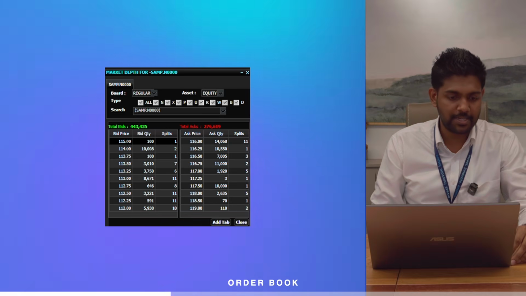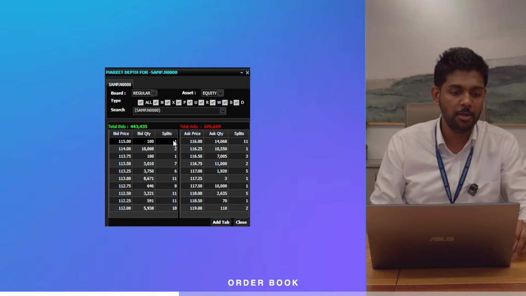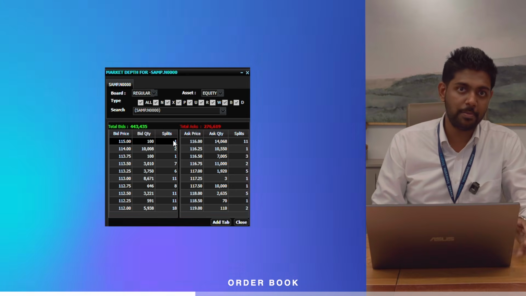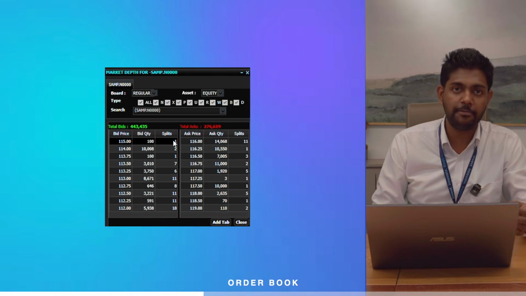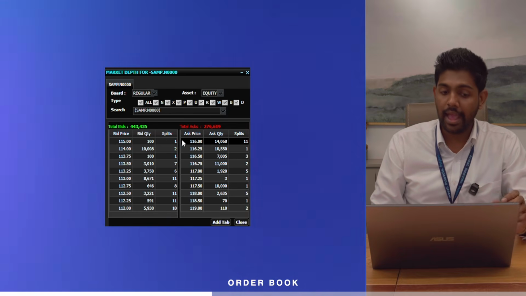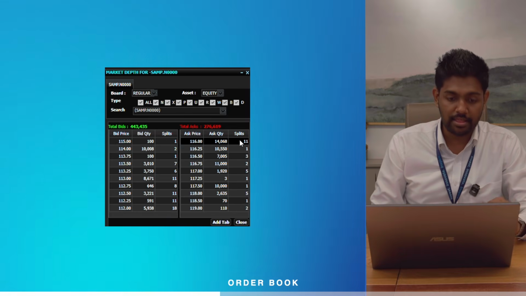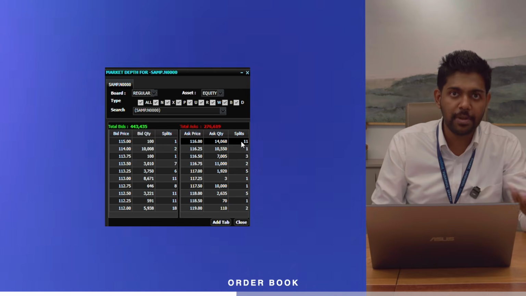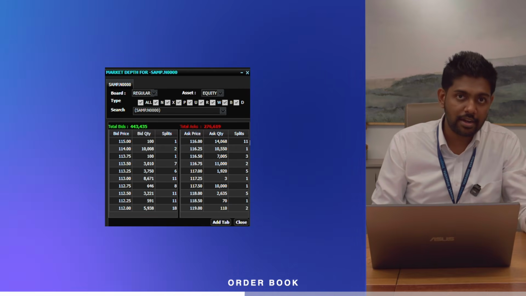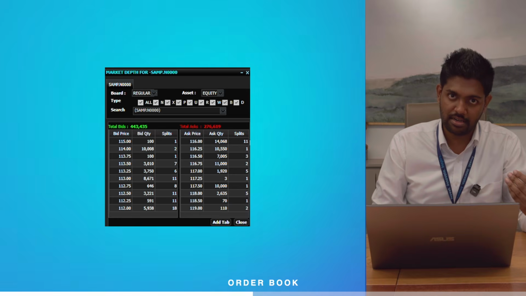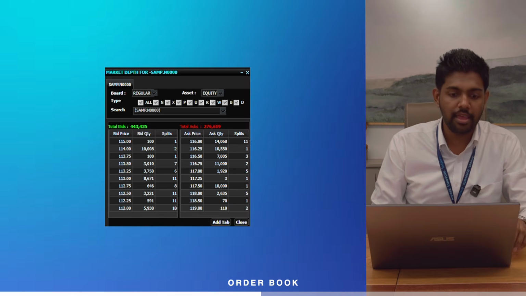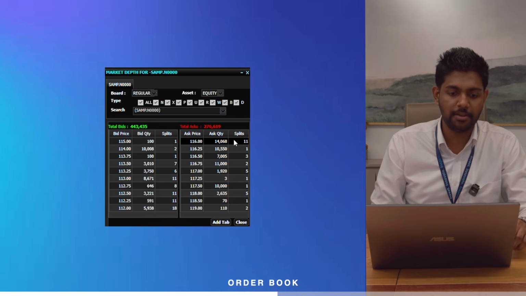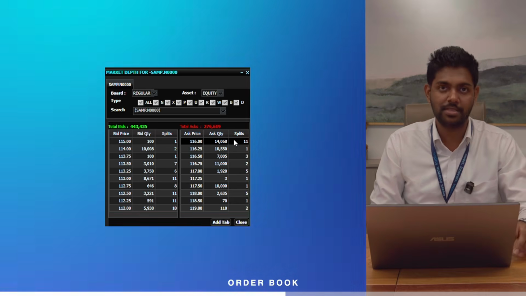Let's go to one transaction. So you see one investor is willing to buy 100 shares of Sampath Bank at 115 rupees. On the other hand, there could be one investor putting 11 orders to buy 14,668 shares of Sampath Bank at 116 rupees.